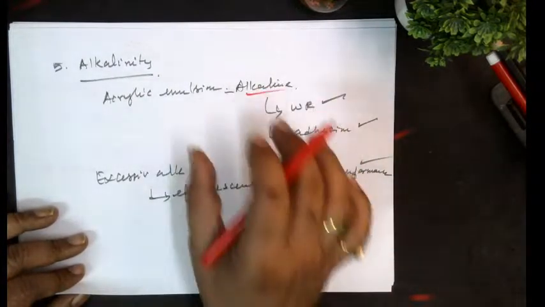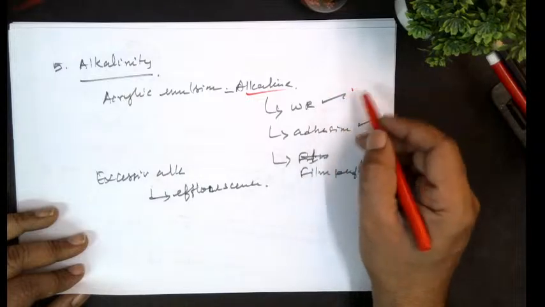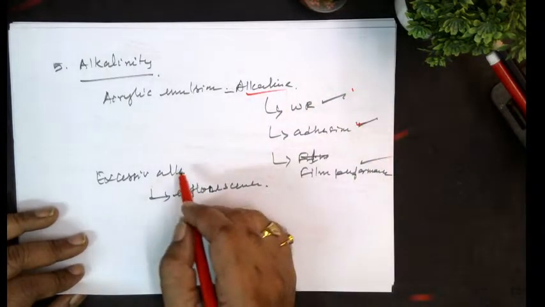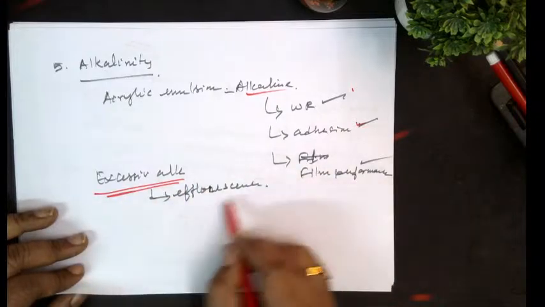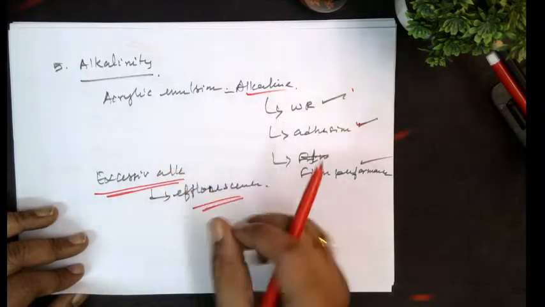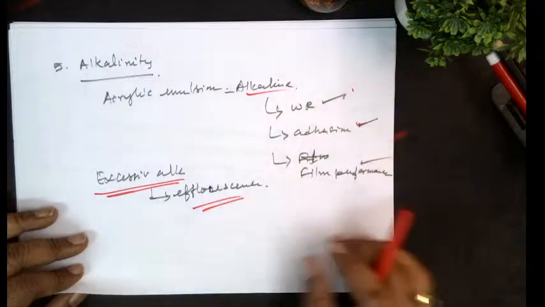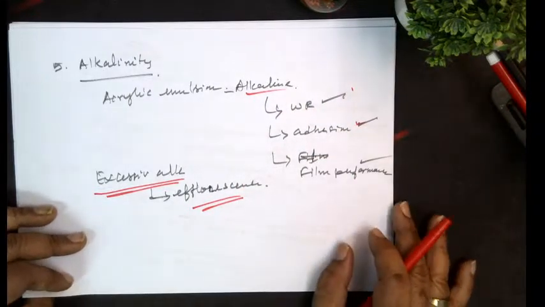Usually, if it is alkaline, it gives very good water resistance, adhesion and film performance. But if it is excessively alkaline, definitely there will be some efflorescence, like a flower, and it will form some wrinkled paint film formations also.